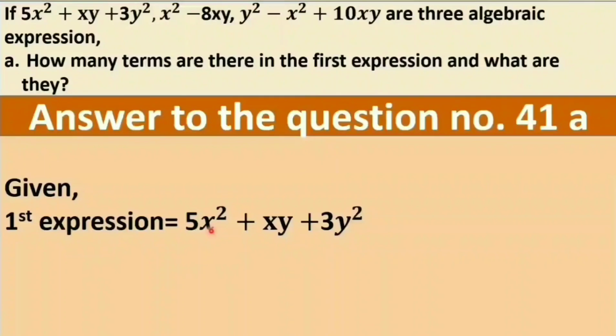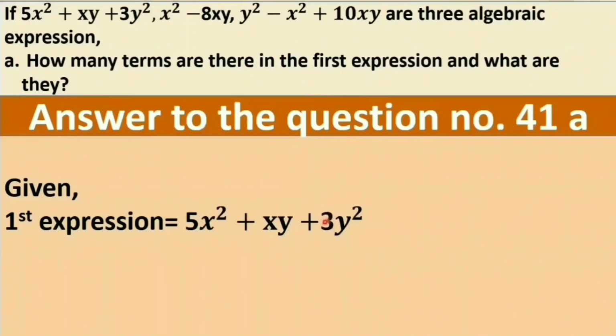Each part of an algebraic expression that is linked with a plus sign or minus sign is known as a term of the expression. See here, there is a plus sign, and here there is another plus sign. So this plus sign and this plus sign are dividing terms. So here we get one term, here another term, and here another term.